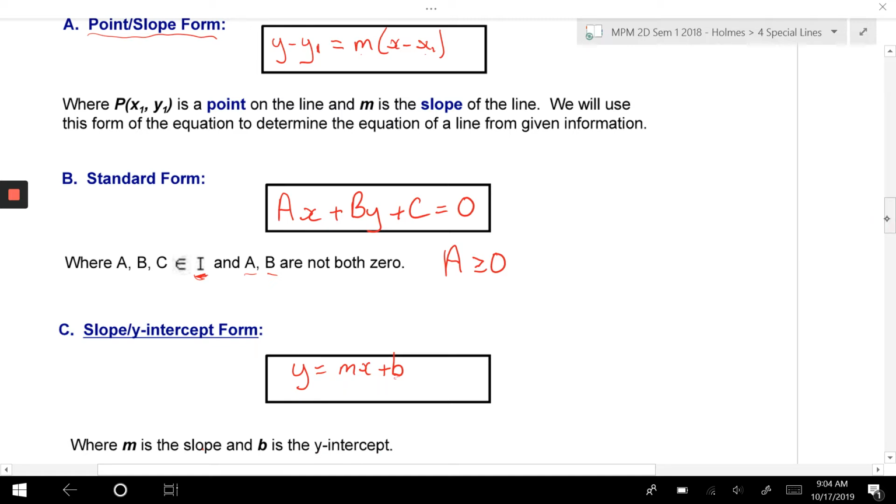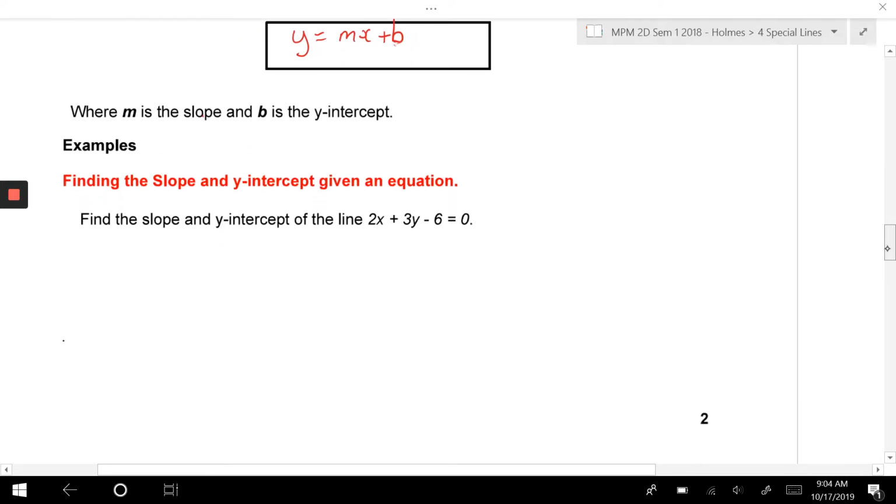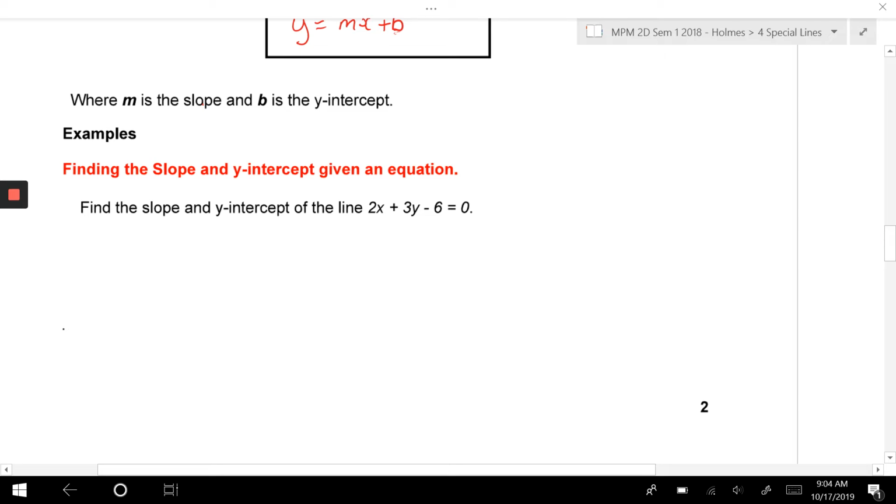If I were to ask you what is the point slope form, you should be able to recognize and write down the general equation of the line. And if I asked you the equation of a line in standard form, you should be able to write it in the form ax plus by plus c, or the third form, slope y-intercept form. Hopefully at this point in the course, you've used these equations enough that they're very familiar to you.